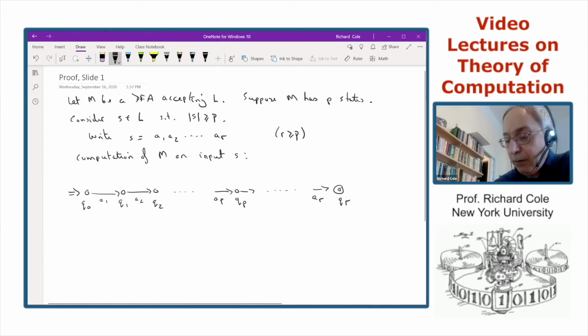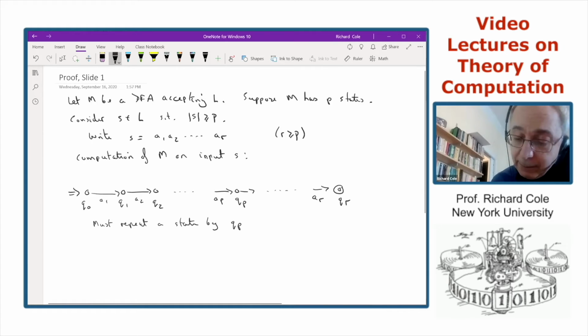Now, what we know is by the time we've got to QP, we've gone through P plus 1 states. So as before, there must be a repetition. So we must repeat a state by QP.